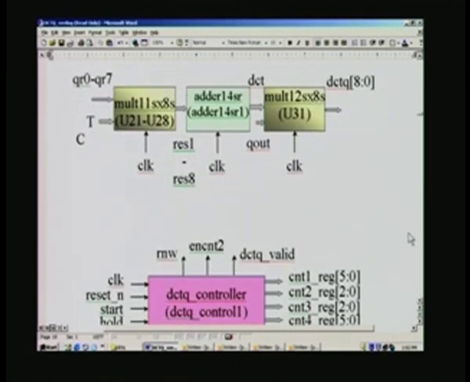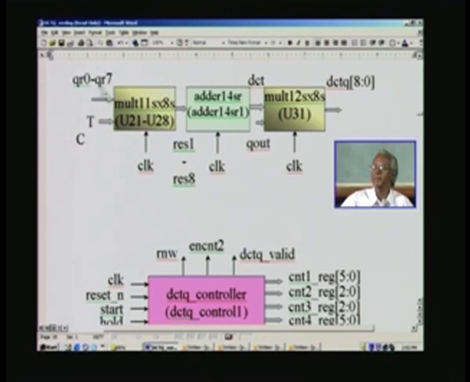What we have done earlier is evaluate the partial product here, and that we feed into the second stage of multiplication. For the second stage of multiplication, note that we need a higher precision, 11 here for this one, because QR0 to QR7 I have taken as 11 bits precision.